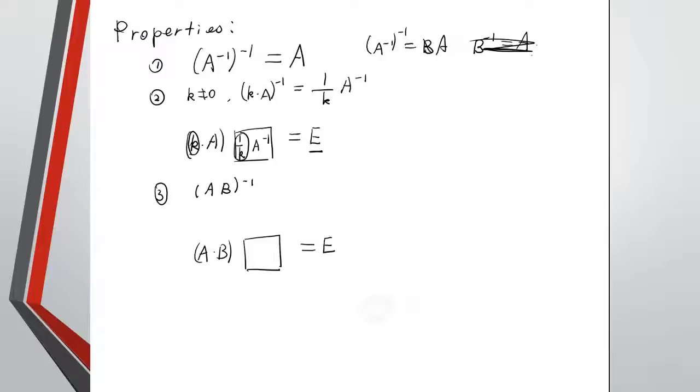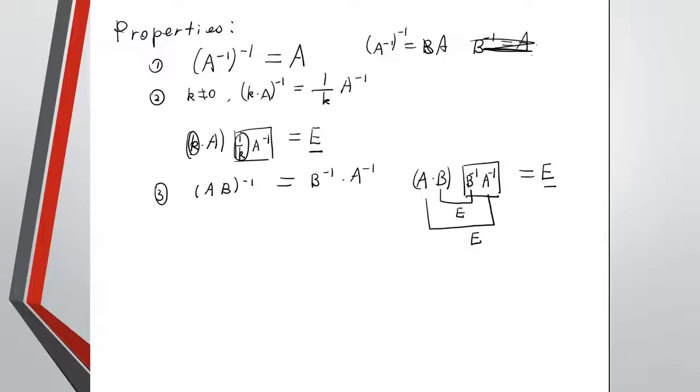So if we put a B inverse here and A inverse here, let's see what will happen. B times B inverse becomes E, and A times A inverse becomes E again. So this time we will have E. So we put here B inverse and A inverse.